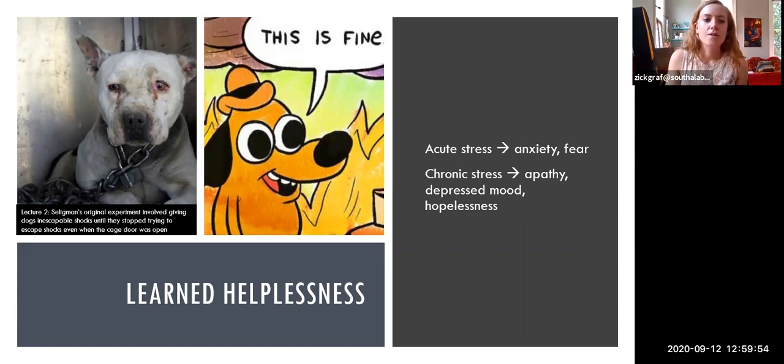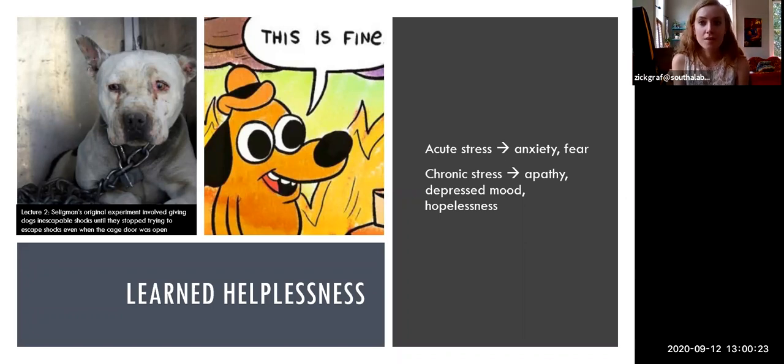So in an earlier lecture, we talked about the original learned helplessness study, where dogs were exposed to chronic uncontrollable stress in the form of foot shocks in a cage that they couldn't get out of and couldn't escape from the shocks. So over time, initially the dogs reacted to the shocks with anxiety and fear and efforts to escape, but over time, as they realized that they weren't going to be able to escape, they stopped trying and their behavior became apathetic.